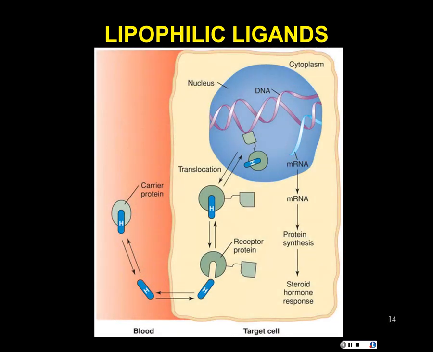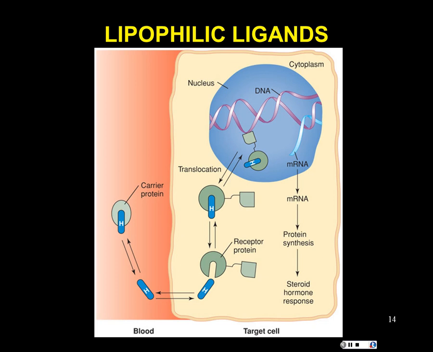Just got a couple of extra images to illustrate how our lipophilic molecules, illustrated here with the letter H, need a carrier. With a carrier, in this case, you can see it letting go of the messenger. The messenger diffuses into the cell. This time the receptor is located where? In the cytoplasm.